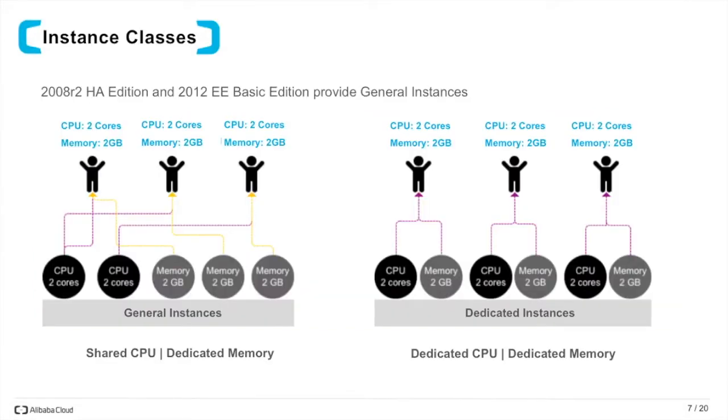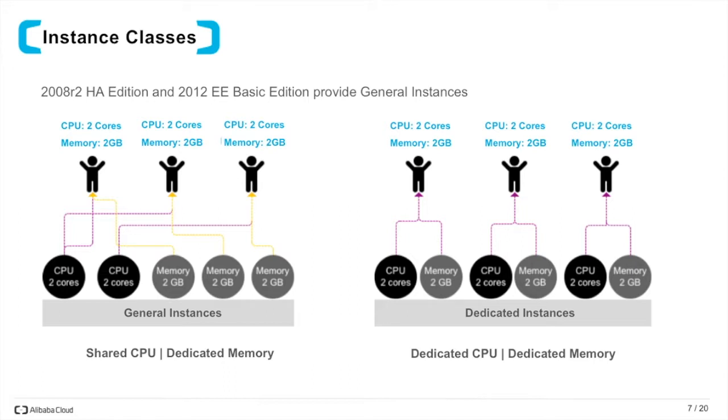The final slide for this section looks at instance classes. Each edition has different classes. For example, the web edition has 8 classes, CPU capacity from 2 cores to 16 cores, and RAM capacity from 4 gigabytes to 64 gigabytes.